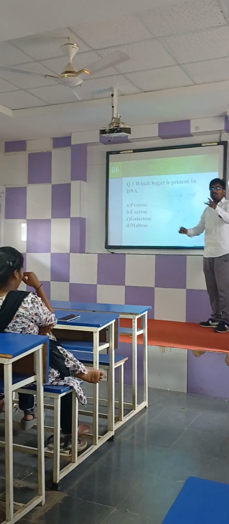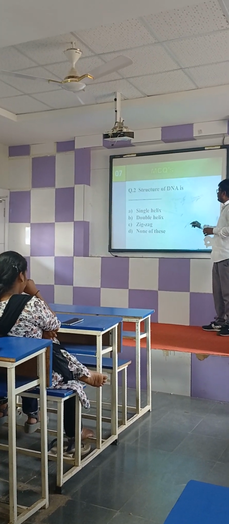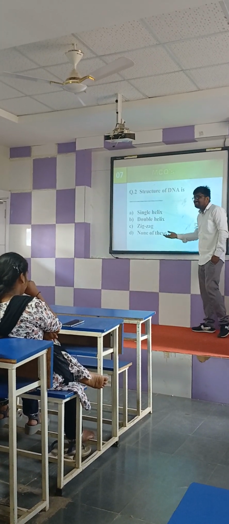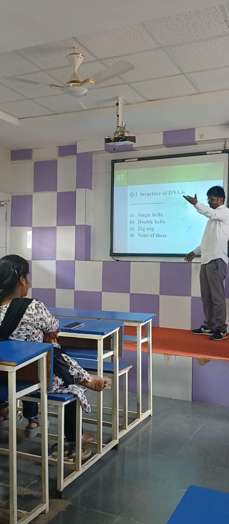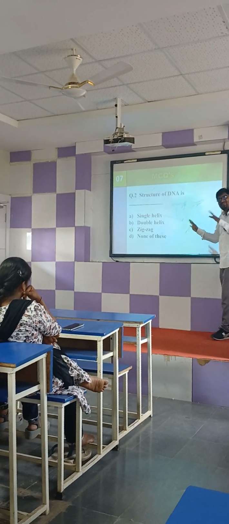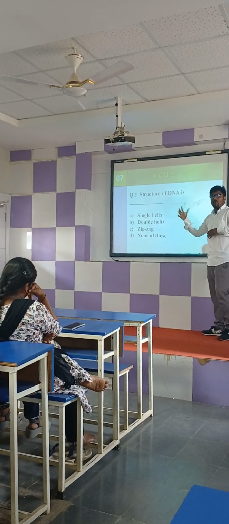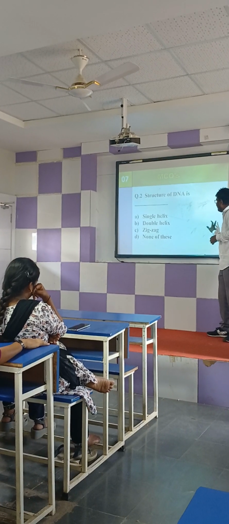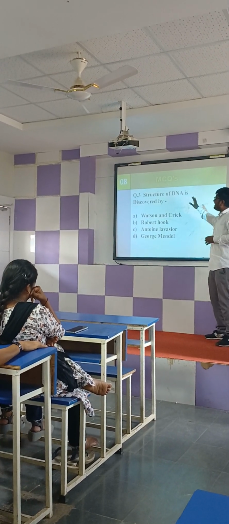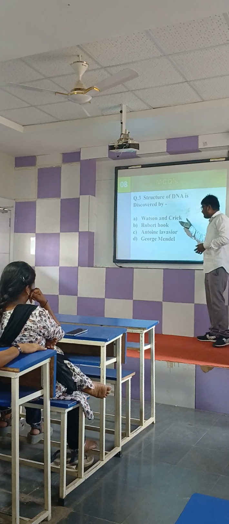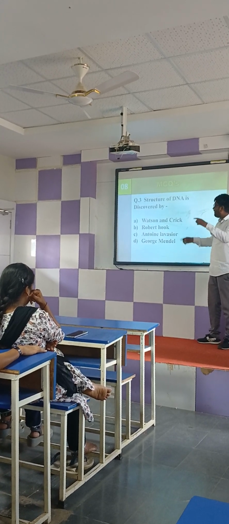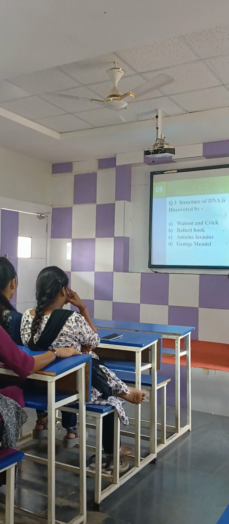Now the next question for you: the structure of DNA is dash dash. Yes. Double helix. Everyone knows about this. And the third one is, the structure of DNA was discovered by Watson and Crick.